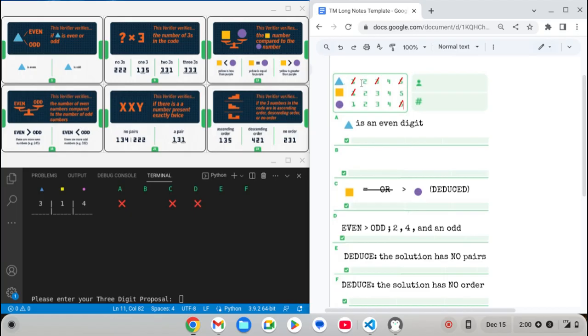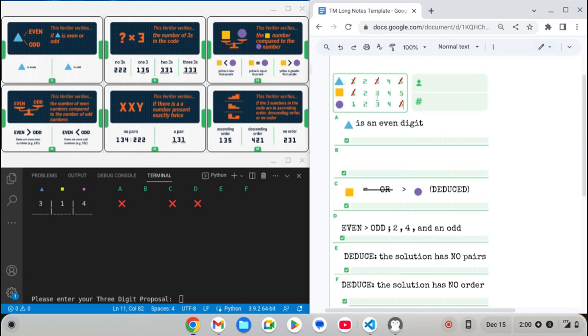So let's see. Well, let's approach it from triangle. What if we start off with triangle perhaps being a 2? So if there is no order, of course it's going to be 3, 4, or 5. If it's a 4, let's see. So the question is, how do you force either square or circle to be even? What would that mean?